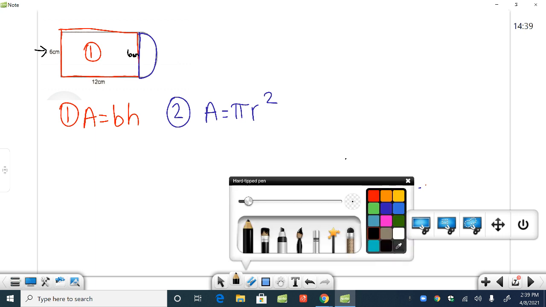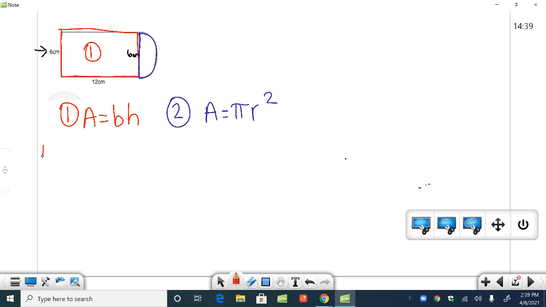So let's start with that first shape. Put the stuff that I gave you. I didn't give you the area, so we're looking for that. I did give you a base, which is 12. And I did give you a height, which is 6. I know this sounds kind of repetitive, but putting this information on this side helps guide you, because if you put down what you know, then you can plug it into the formula.